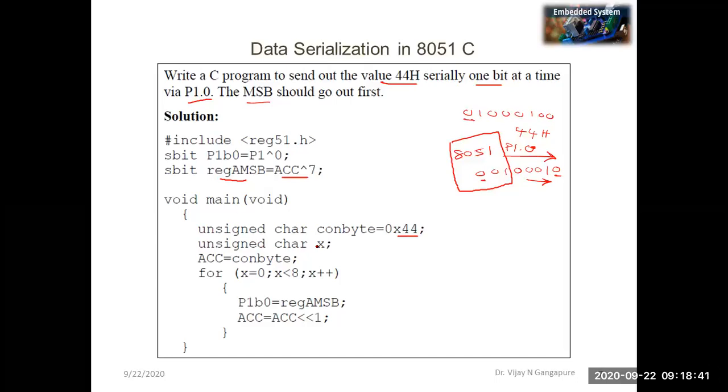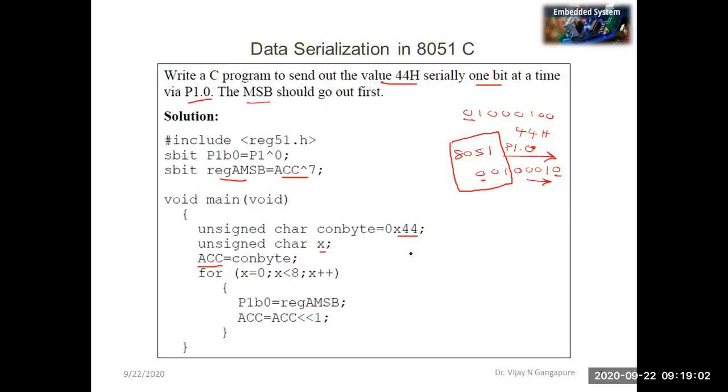One more variable I am declaring, that is x of type unsigned char. Then ACC is equal to conbyte. What is ACC? ACC is the accumulator. So I am assigning whatever byte is in conbyte to the accumulator. That means the accumulator will have value 44.